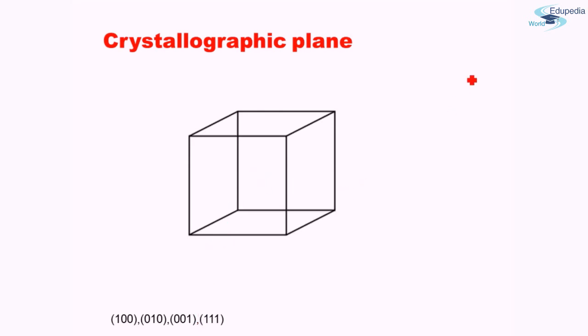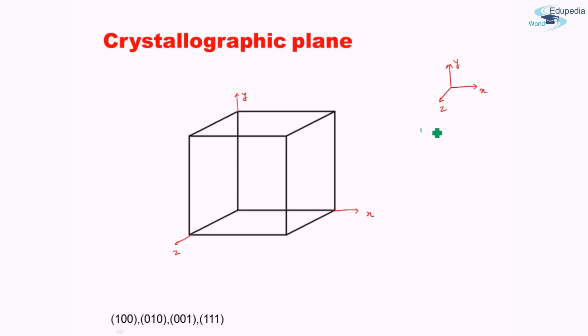As I said, the coordinate system which I will follow is the same as I used in the crystallographic direction case: X, Y, Z. So this is my Y direction, X and Z. Let's first try out 1, 0, 0. 1, 0, 0 Miller indices means, in order to find where it will cut the three axes, you need to take the reciprocal of this, right?